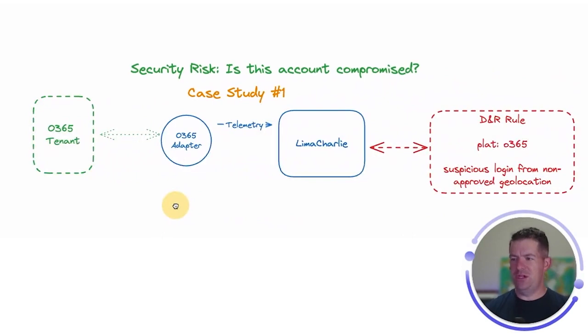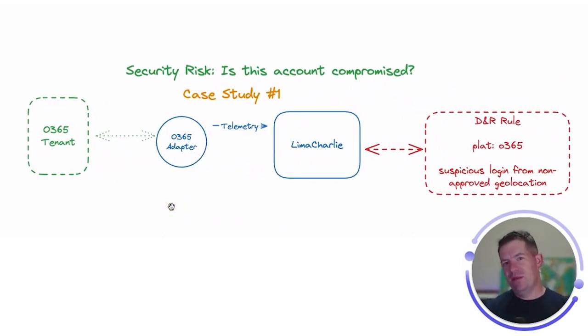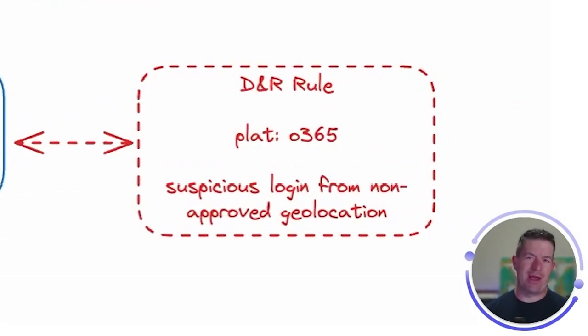Unfortunately, what LimaCharlie allowed me to do up until now is I could ingest that O365 telemetry, number one, and I could write a detection and response rule against that telemetry too. So I've written a really shorthand detection and response rule here, which is I want you to observe my O365 telemetry, and I want you to identify a suspicious login from a non-approved geolocation.